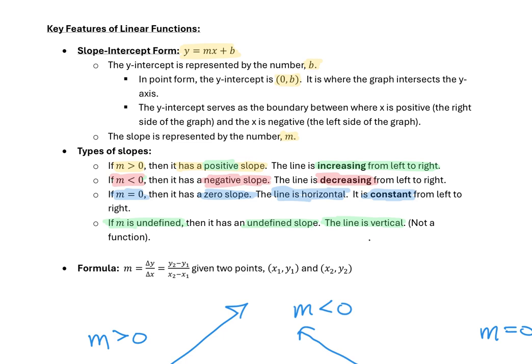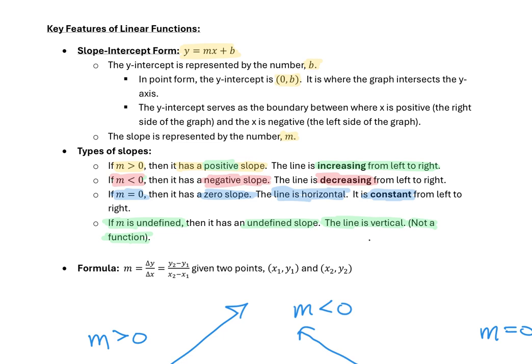Now, the reason that we're not going to worry about this so much is that this is not a function. Okay, and this one has one x value and a lot of y values. And so this is an undefined slope. It is a vertical line. And because it does not satisfy the conditions for function, well, it's not a function.